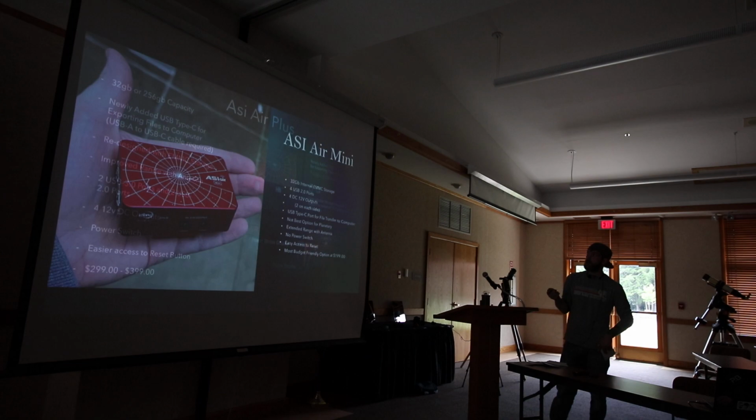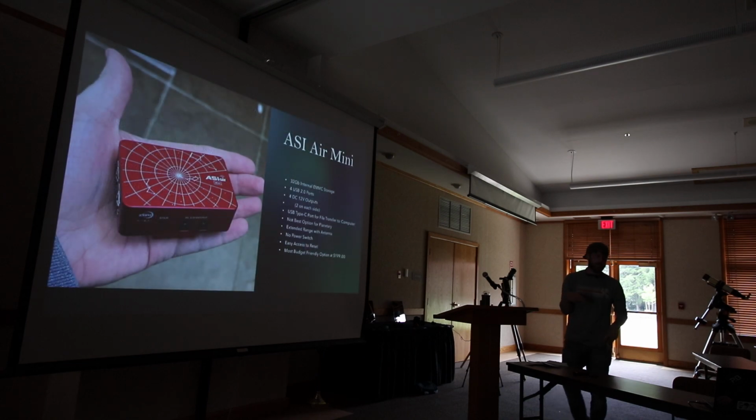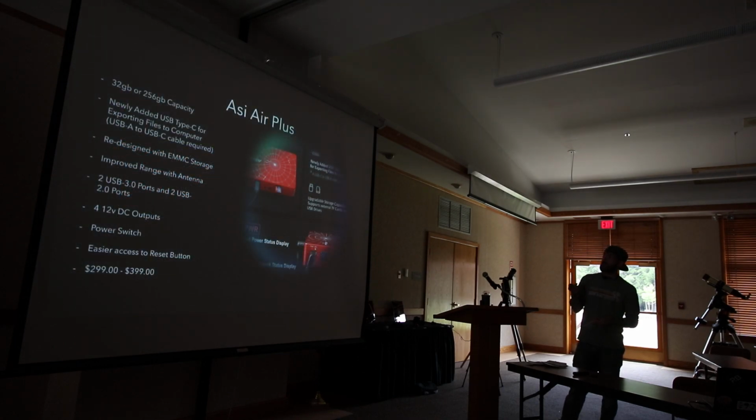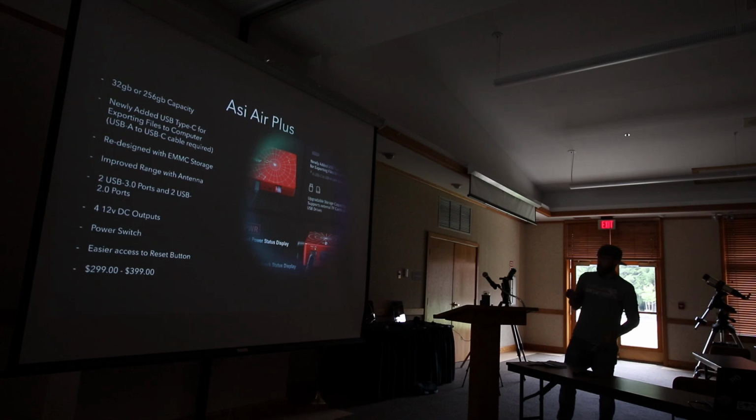They do offer the ASIAIR Mini, which is just like a Plus, but a little smaller version. And on the Plus, you can get 32 gig or 256 gig internal storage. The one with the 32 gig is 300 and the 256 gig is 400.